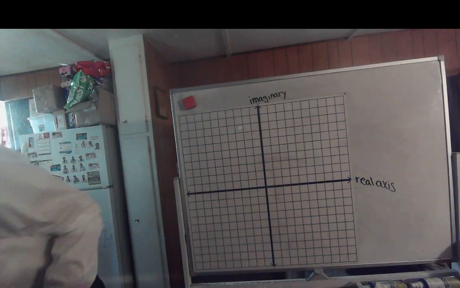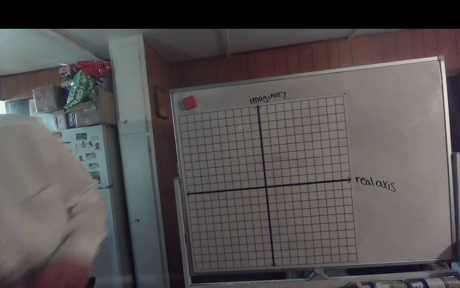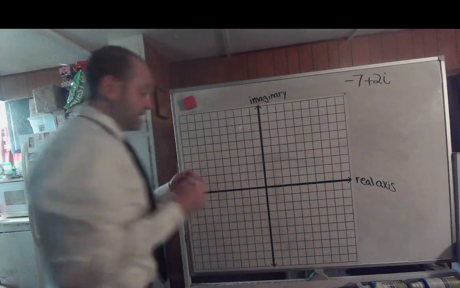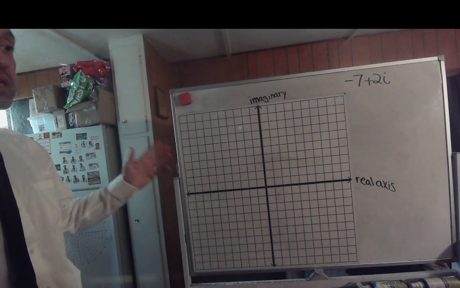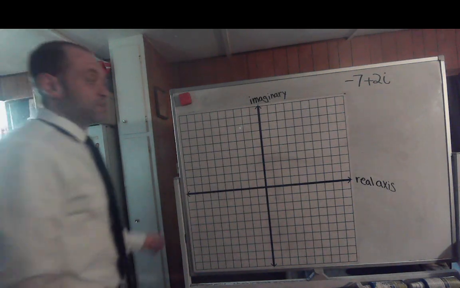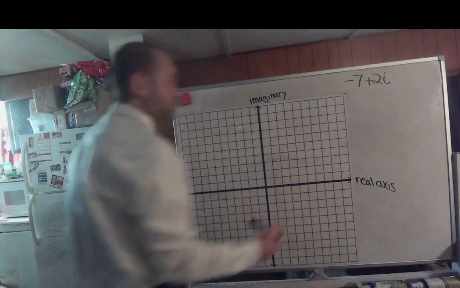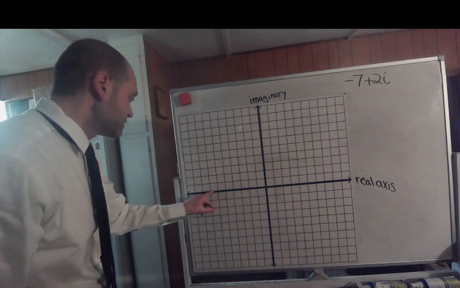And then we have just one more. Then we're done. Let's say I give you -7 plus 2i. We want to plot that in the complex plane. So this tells me for the standard form, I'm going left on the real axis by 7 units, 1, 2, 3, 4, 5, 6, 7.